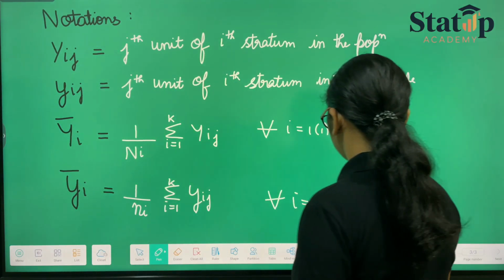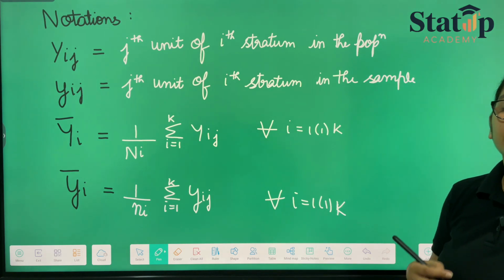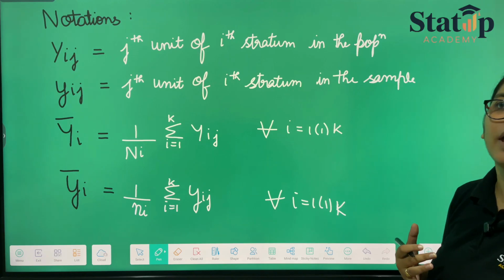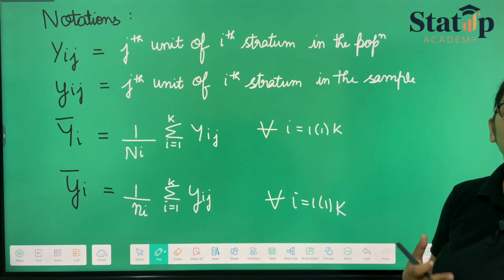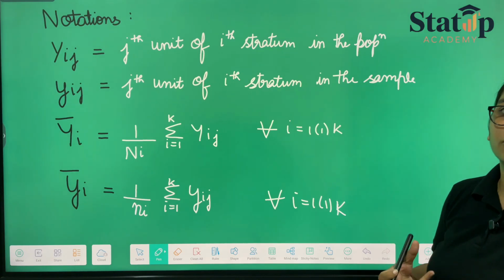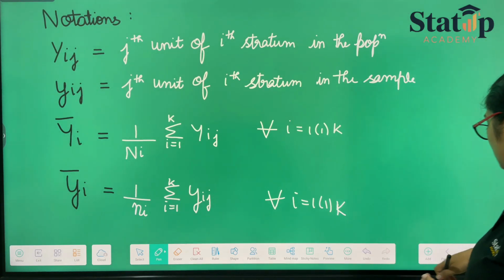These notations are very important for the exam purpose because we have to first tell the examiner what we are talking about. We cannot directly write yij and consider that he knows everything. We should mention what every notation or every symbol means. We should give this first.